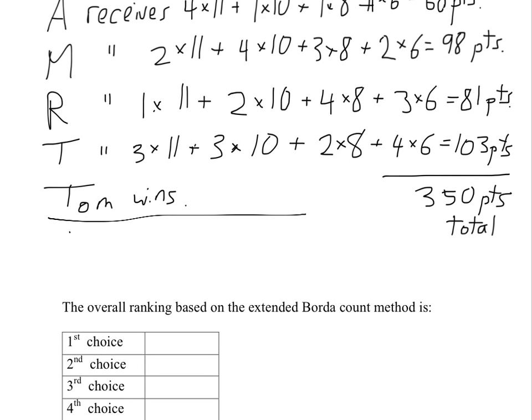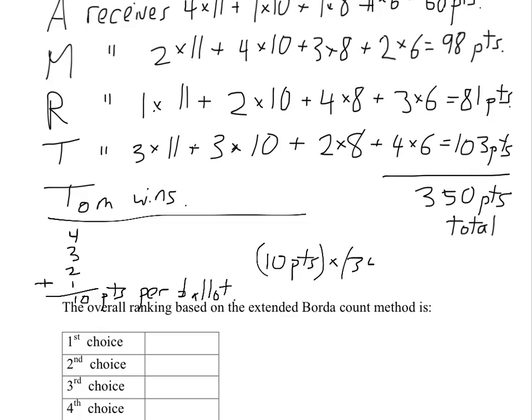Each ballot contains 4 plus 3 plus 2 plus 1 equals 10 points per ballot. And so 10 points times 35 ballots does indeed equal 350 total points.